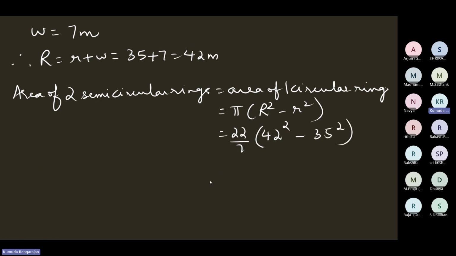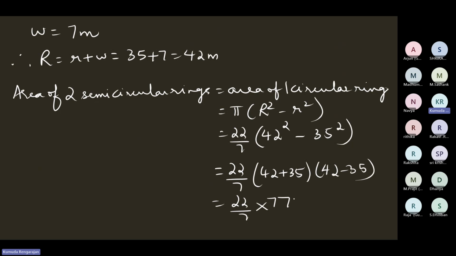You can use the formula a square minus b square is equal to a plus b into a minus b. So 42 plus 35 into 42 minus 35. 22 by 7 into 77 into 7. So 7 and 7 get cancelled. Using the calculator, 22 into 77, I'm getting 1694. 1694 meter square.